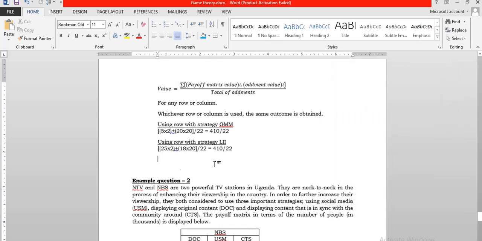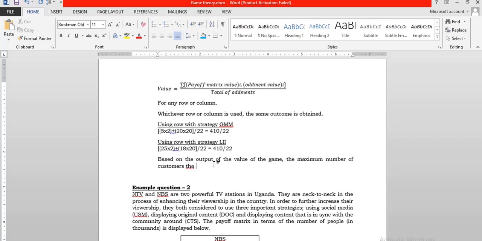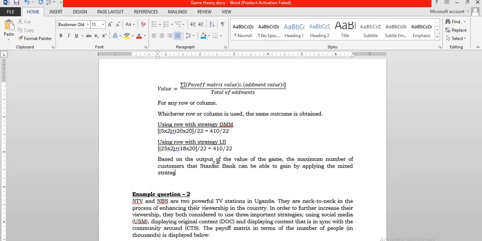Therefore, we shall say based on the output of the value of the game, the maximum number of customers that Stanbic Bank can gain by applying the mixed strategy is 18.